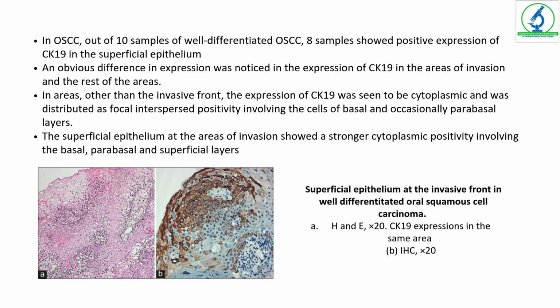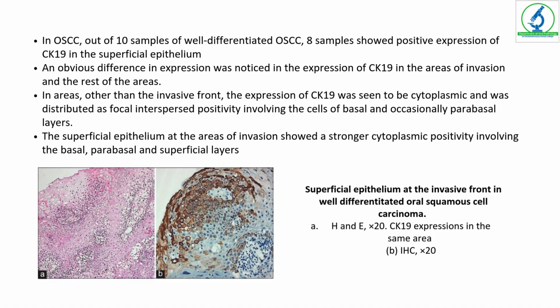In OSCC, out of 10 samples of well-differentiated OSCC, 8 samples showed positive expression of CK19 in the superficial epithelium. An obvious difference was noticed in the expression of CK19 in the areas of invasion and the rest of the areas. In areas other than the invasive front, the expression of CK19 was cytoplasmic and distributed as focal interspersed positivity involving the cells of basal and occasionally parabasal layers.